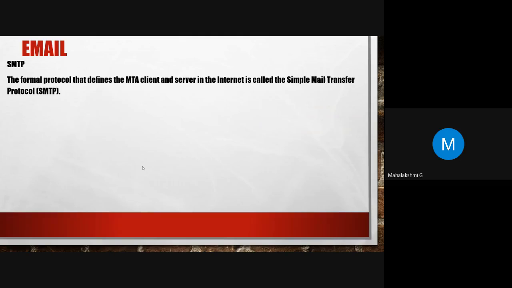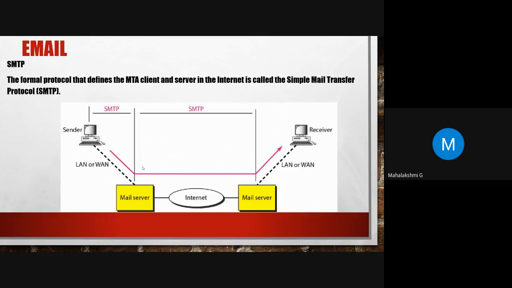The formal protocol that defines the MTA client and server in the internet is called Simple Mail Transfer Protocol. If you see in this figure, SMTP is used two times: between the sender and the sender mail server, and between the two mail servers.